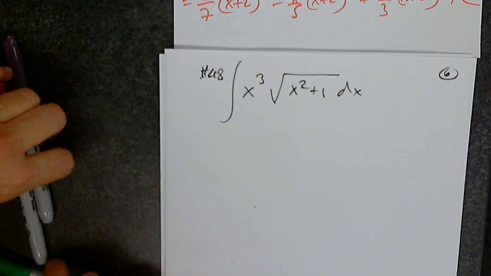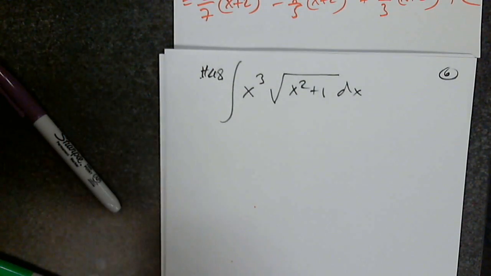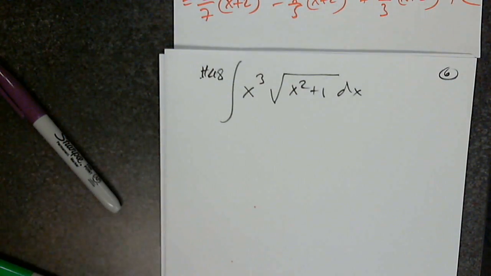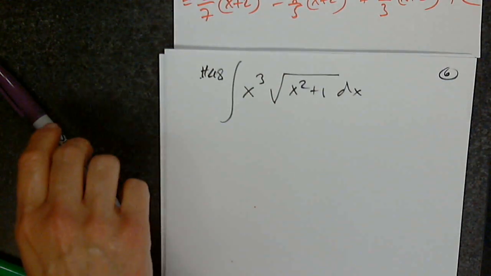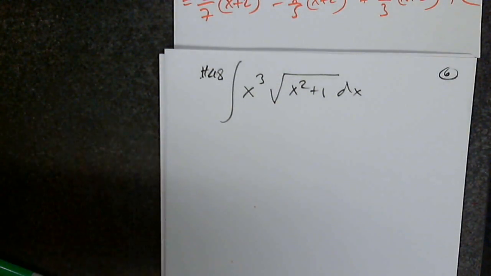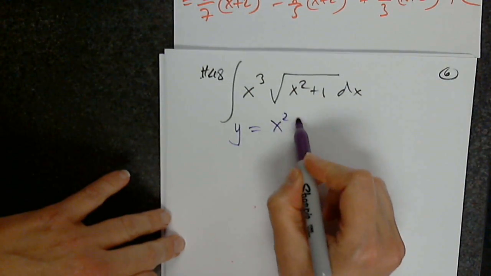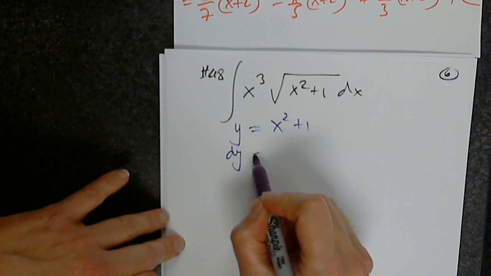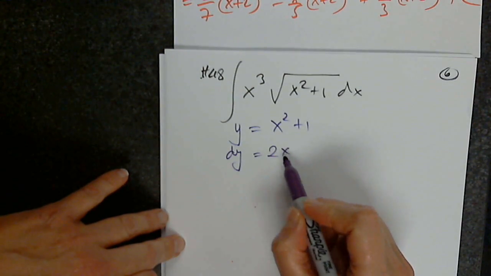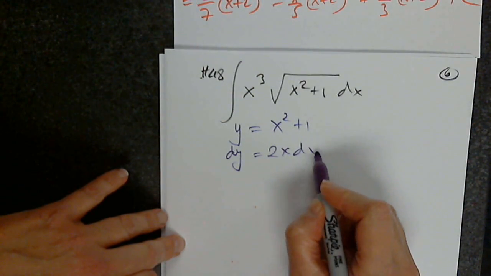Ready? Okay, so what would you say the substitution would be? Good. I agree with that because we really want to get rid of that square root. So let y be x squared plus 1. So then dy will be 2x dx.